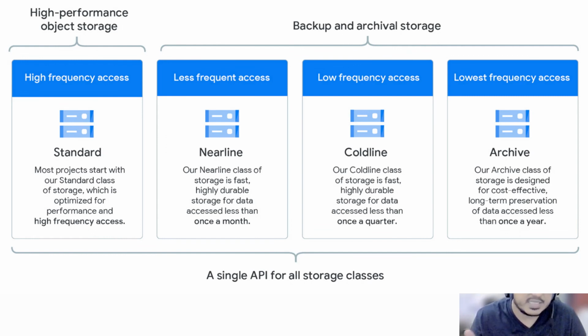The pre-existing objects will not be affected if you change the storage class. And in addition to Google's console, you can interact with Google Cloud Storage using the gsutil or the Google Cloud command line.